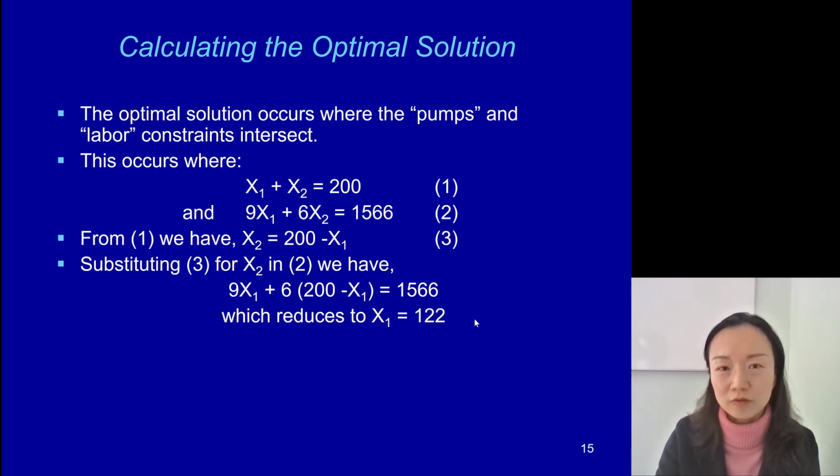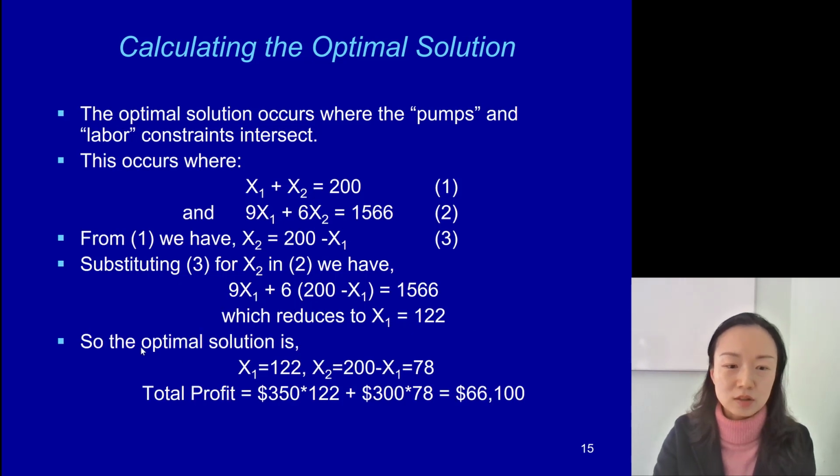So you should be able to solve the equations. Okay, and so the optimal solution is x1 equals 122 and x2 equals 200 subtract x1, right? Subtract 122 gives us 78. So this is our optimal solution: x1 equals 122 and x2 equals 78.